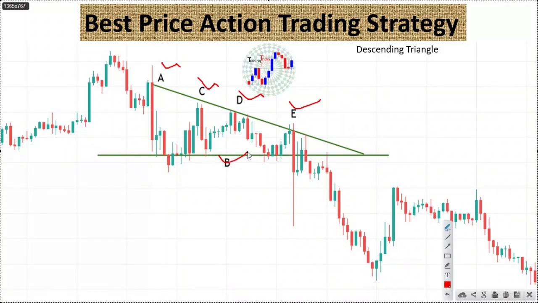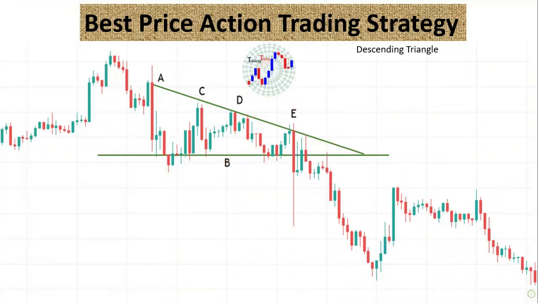The B is an area of strong support, the last line of defense for buyers. Also, there are likely stop loss orders below it from traders who are long. Overall, sellers are in control. If the price breaks the level, the market will likely move lower. The pattern is also familiar to all of us, called a descending triangle.